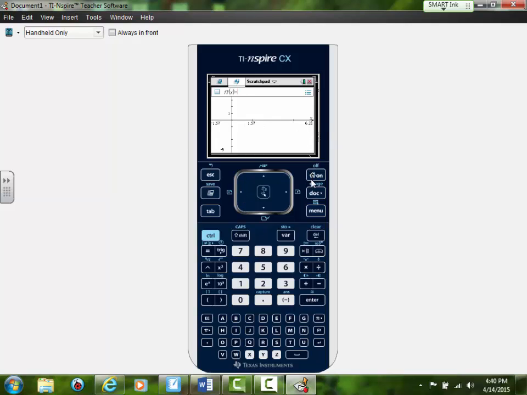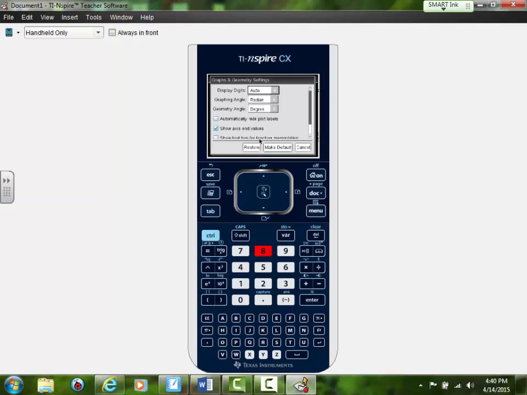The other thing is our instructions are to round to 3 decimal places. So we're going to change that as well. We're going to do menu 8 for settings, and then display digits. We would like to change that to fixed 3, because that'll give us the 3 decimal places. We're in radians, so that's good.